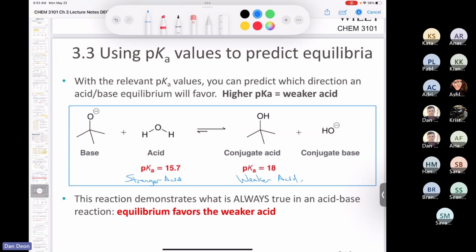But if there's one thing that you remember, I hope you remember everything from today's lecture, but if there's one thing you really want to be sure of today, it's that if you have an equilibrium between a strong acid and a weak acid, the equilibrium is going to lie to the side of the weaker acid. Why? Because the strong acid is going to do its thing. It's going to donate protons more than a weak acid, and it's going to push it to the side of the weak acid.